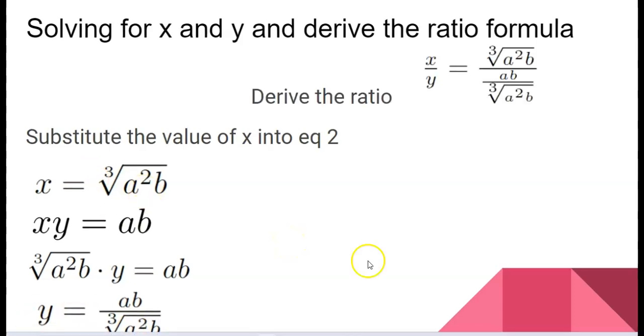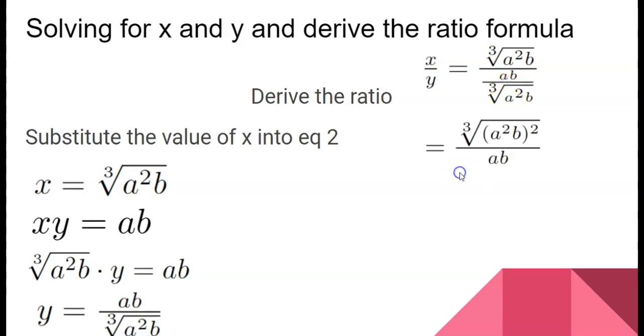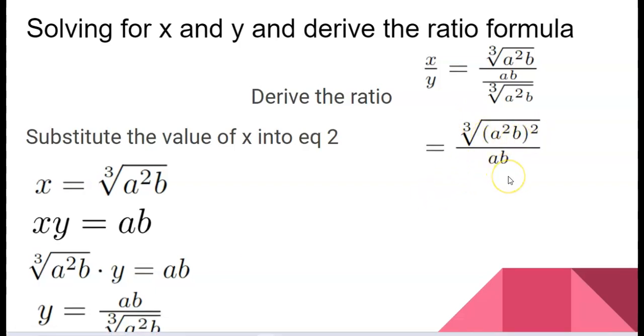Derive the ratio. Compare the value of x and y. So we have the ratio cube root of a squared b over ab over cube root of a squared b. So we perform division by multiplying the numerator by the reciprocal of the denominator. So we now have this numerator here, cube root of a squared b squared, and the denominator is ab.